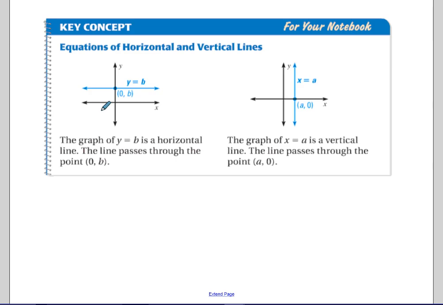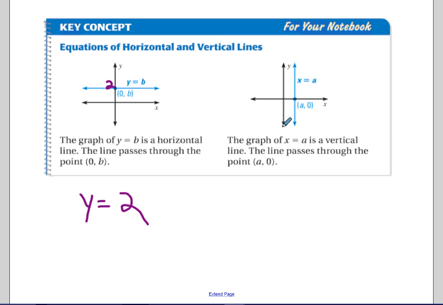Another idea that I want you to pay attention to is equations of horizontal and vertical lines. Whenever you are given an equation that looks like y equals some number, for example y equals 2, then you would just make a straight line across the y-axis at 0, 2. And the exact opposite for x.